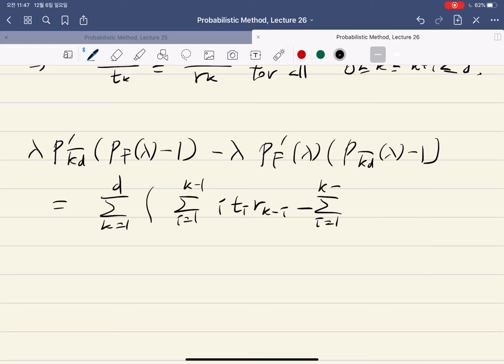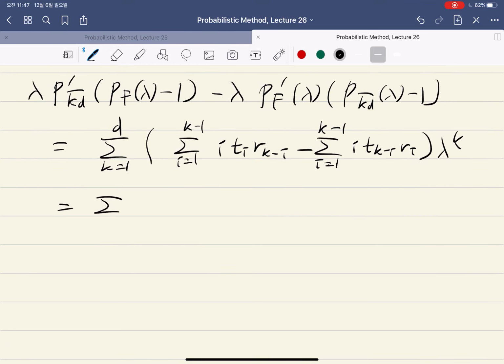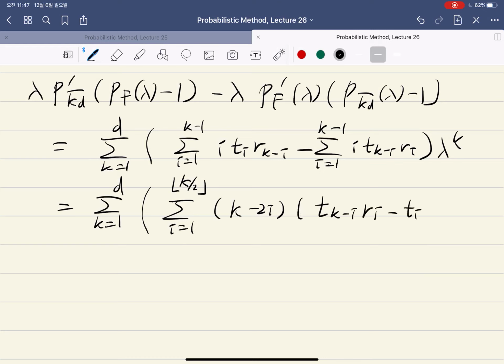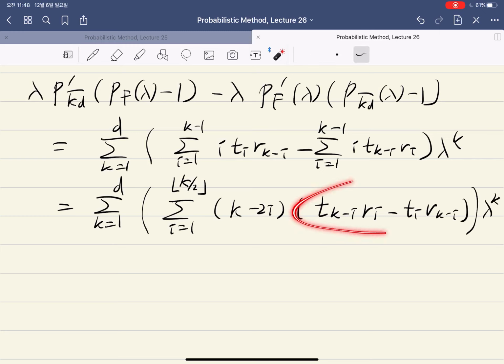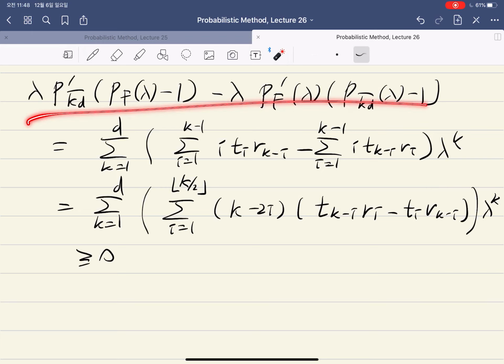This is some tedious expression, so you can check it yourself. And you can check that this expression is non-negative. So we have non-negativity here, which gives us the claim.